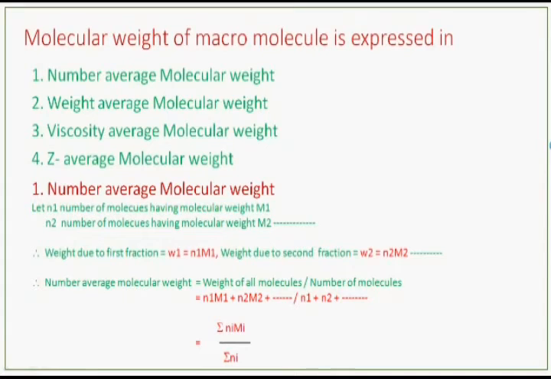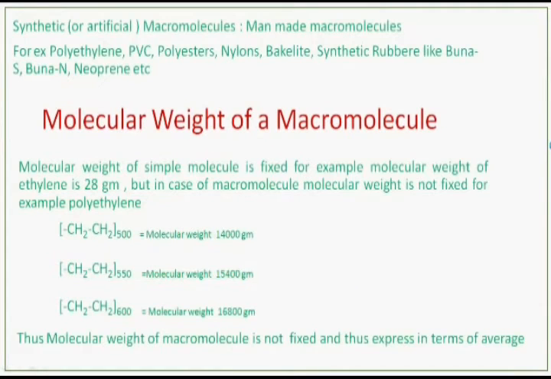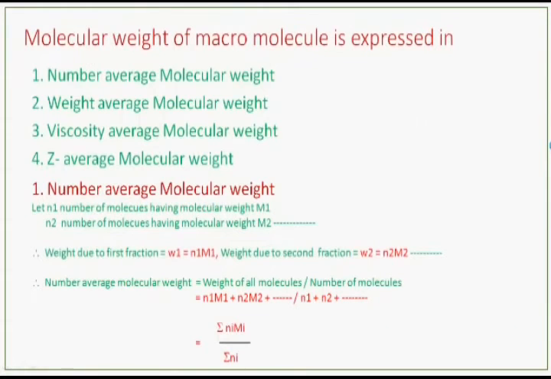Here you see the value of N is 500, so molecular weight is 14,000. So let us suppose that 10 is the number of molecules having molecular weight 14,000, 20 is the number of molecules having molecular weight 15,400. So like this, N1 is the number of molecules having molecular weight M1 and so on.